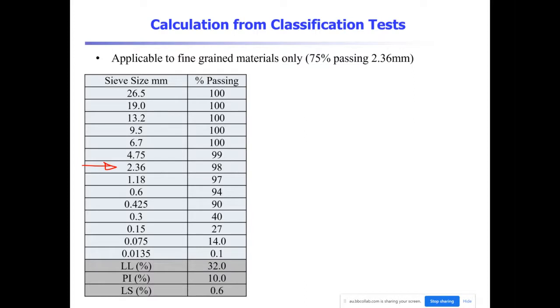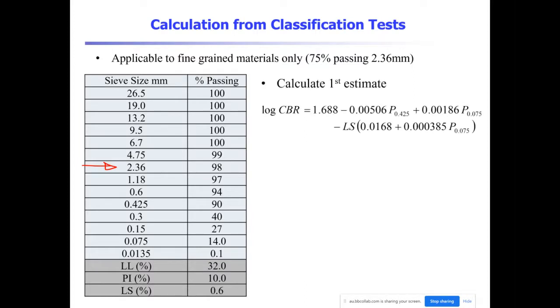Next step is to use these two empirical equations. So the first estimate for CBR is this equation. What we need in this equation is the passing percentage of 0.425, which is 90%.